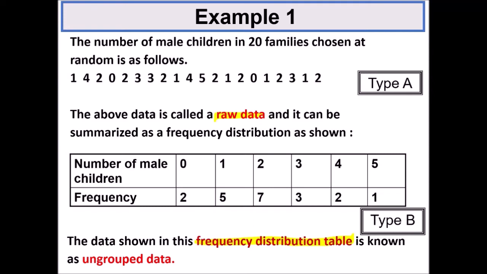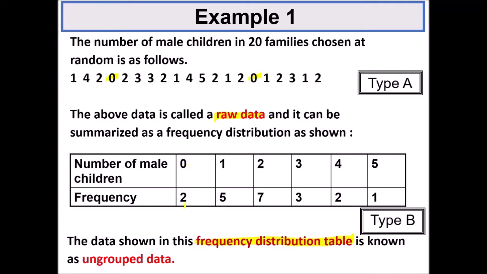So, how to make this frequency distribution table? Here, we need to count how many of the numbers 0, 1, 2, 3, 4, 5 are inside this raw data. We try to find how many times 0 appears: 0, 1, 2.